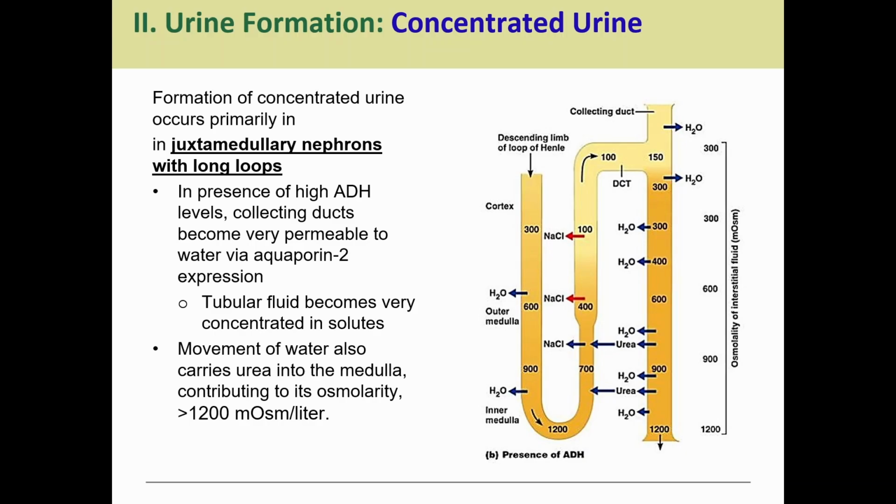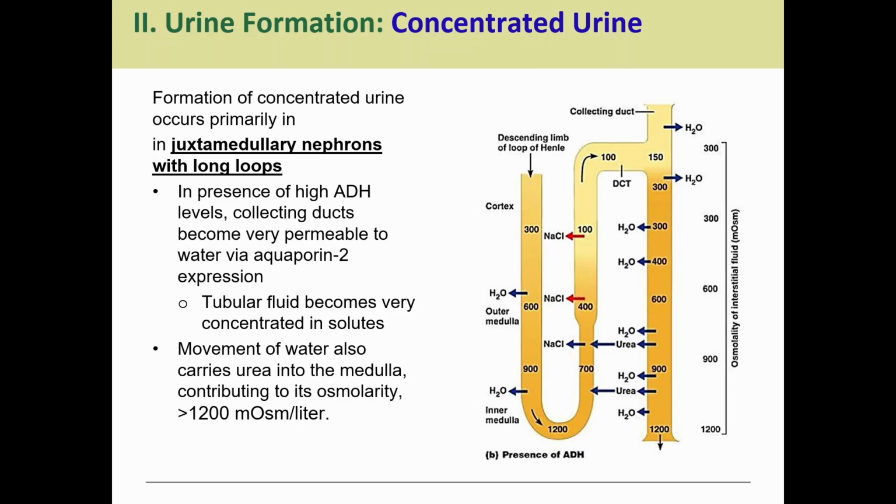But the juxtamedullary nephrons with these super long loops, this is where we are going to focus to produce concentrated urine when we don't have enough water in our system. So we have a higher level of ADH. The collecting ducts are very permeable to water via those aquaporin 2 channels so that we can reabsorb more water.